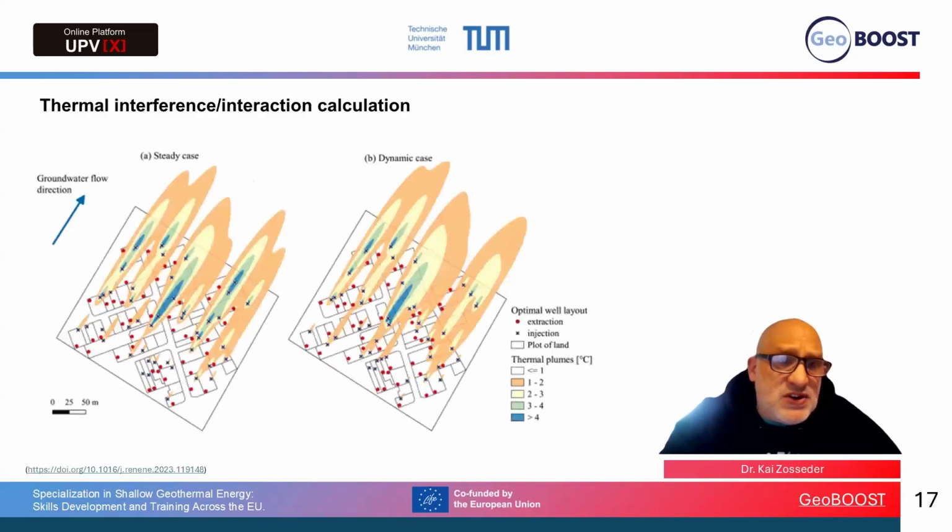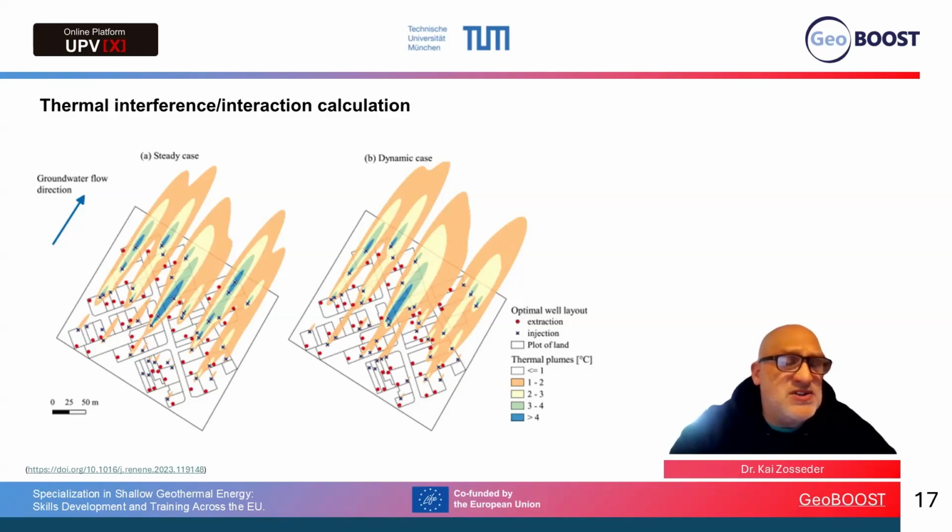Here on the left side, you see a simulation. It's made with analytical models for a quarter. So what we try to find out is optimal locations for the injection and production wells to use the whole potential of such an area. Here, the red dots are the production wells and the crosses are the injection wells.